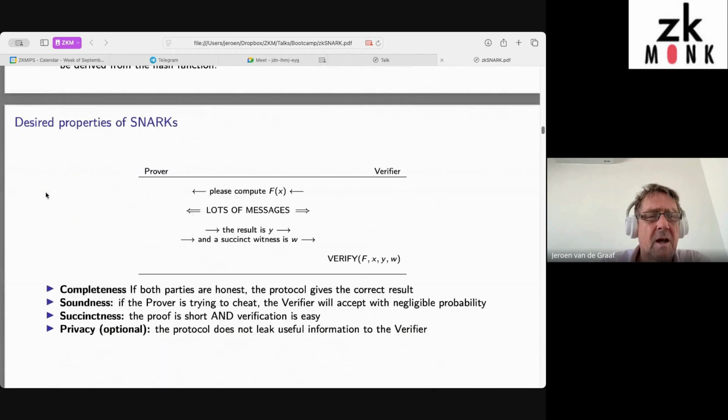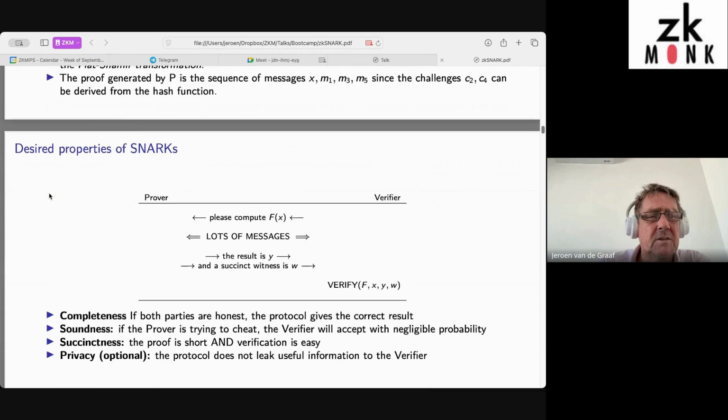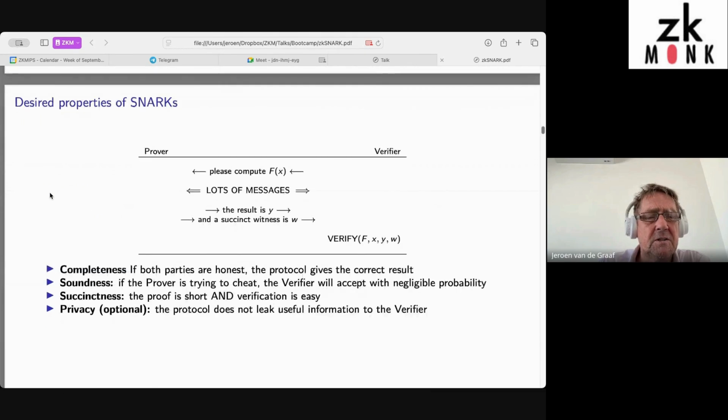So what are the desired properties of SNARKs? Well, first of all, we want it to be complete. What is complete? It means that if both parties are honest, following the protocol, then the protocol should work as designed. This is not something very dramatic.